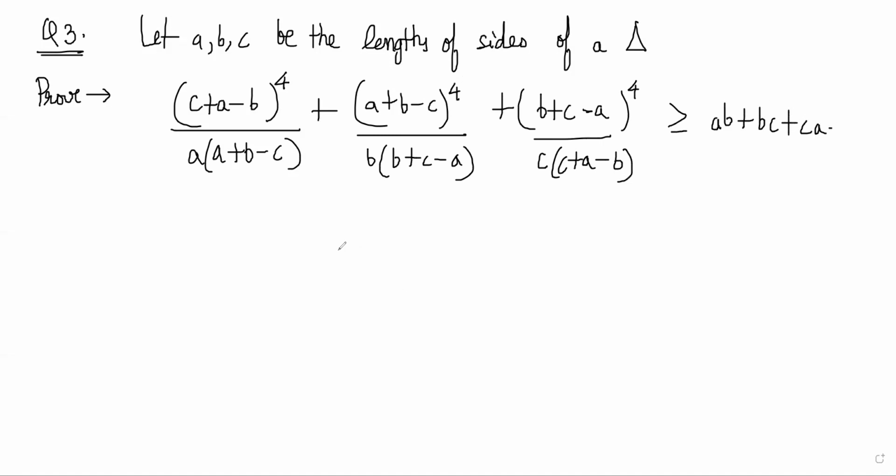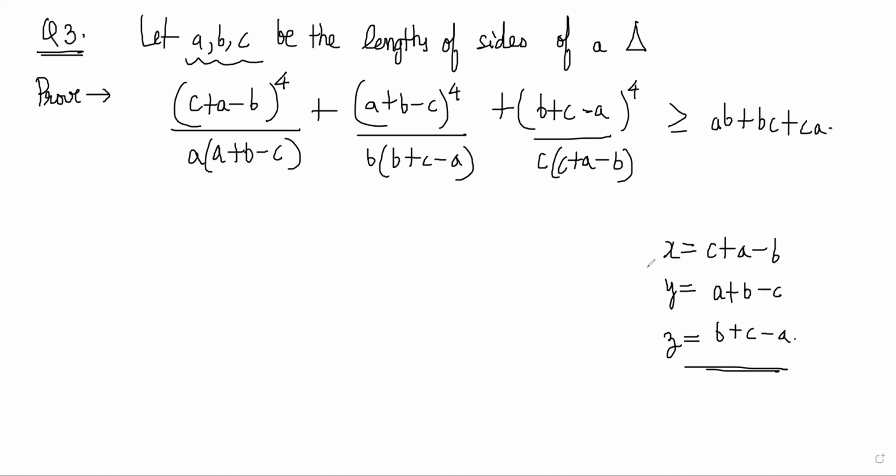So in this problem, many times you will realize that in triangles, when you have a, b, c as the lengths of the sides, there is a common substitution. It's called the tangent length substitution, where we can say x = c + a - b, y = a + b - c, and z = b + c - a.